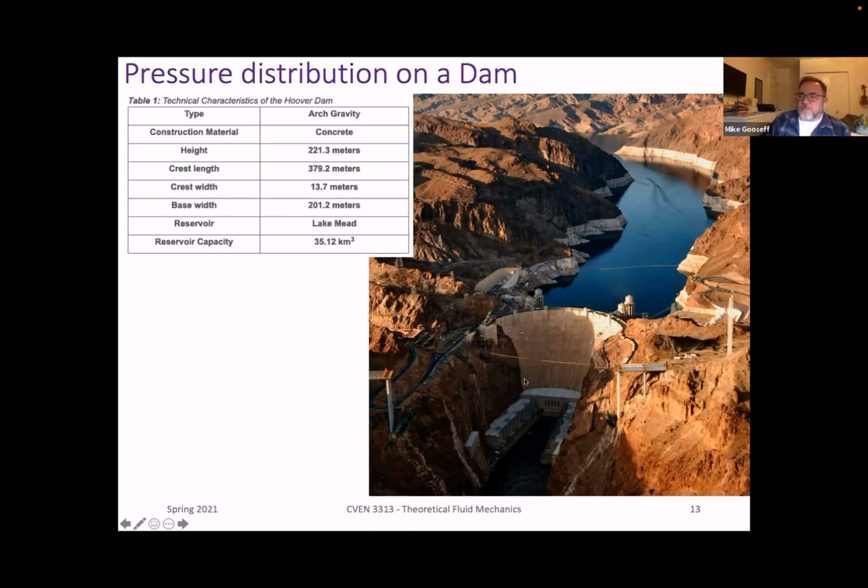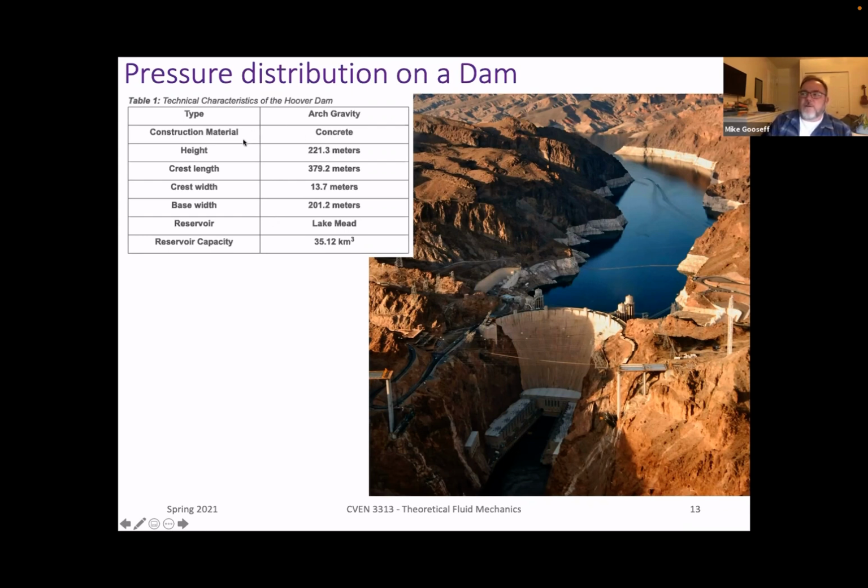So a lot of the pictures of Glen Canyon Dam have that bridge in front of it, and now the new ones for Hoover Dam have this bridge in front of it too. But you can see it's a little hillier and you don't get to see as much off in the distance. But in any event, here are some technical specifications for the Hoover Dam.